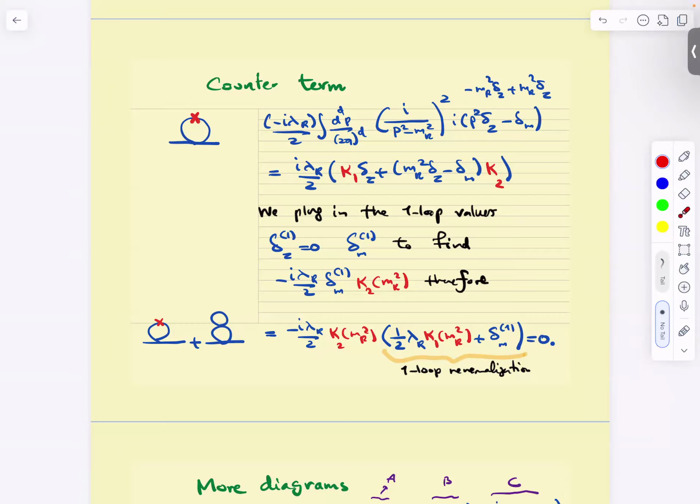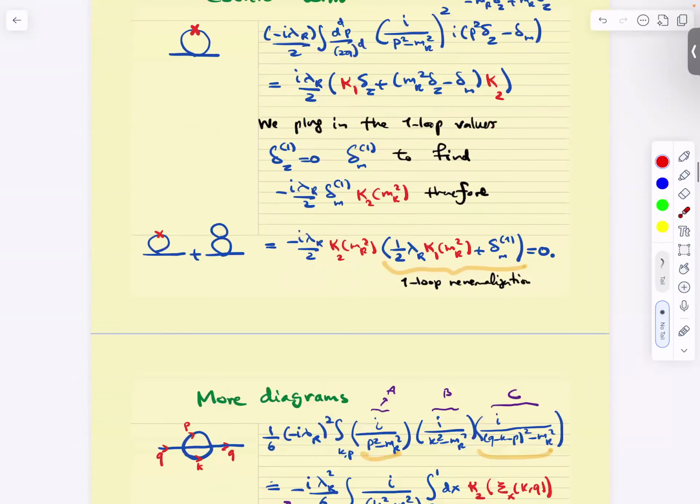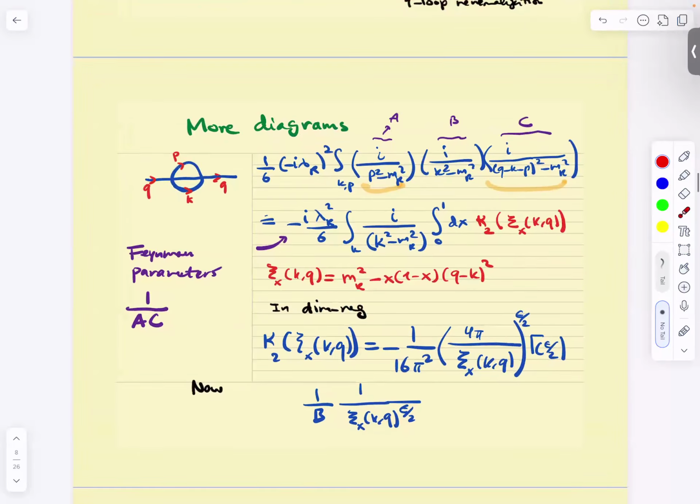Because we said a finite number of counterterms will capture all divergences to arbitrary loop order. Now, I'm lying a little bit because here delta m had lambda r. Well, okay, no, let me not explain all. The next example will be evident. Good. Questions here?